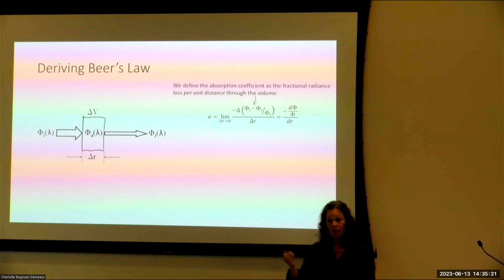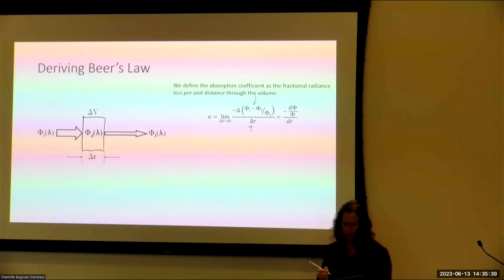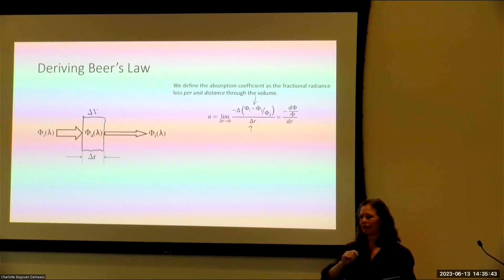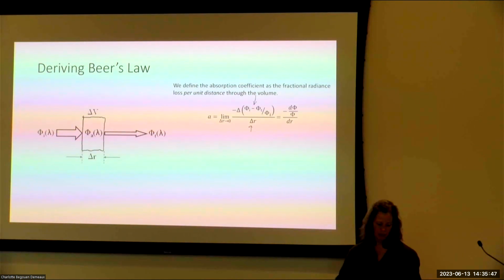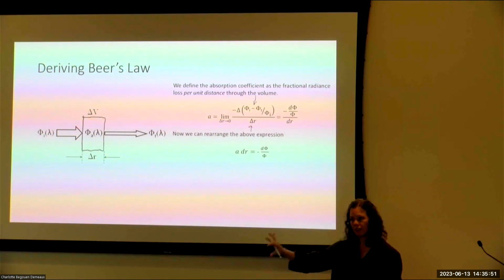It's negative because we're losing it, over that path length, delta r. We can simplify that to say we're looking at the change in the fractional radiance for a change in path length. Now we can rearrange it and collect our terms.